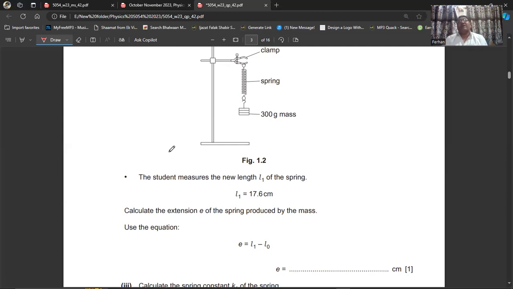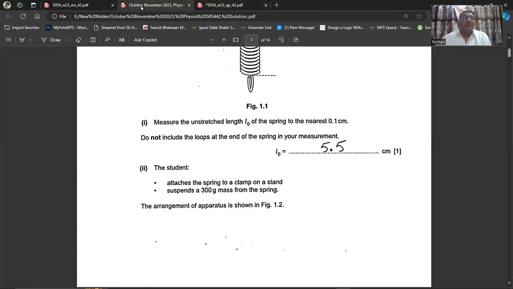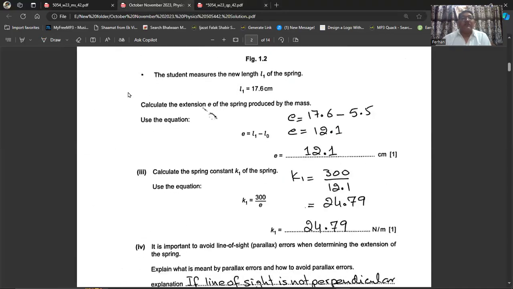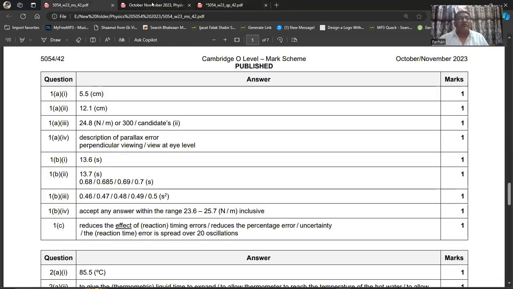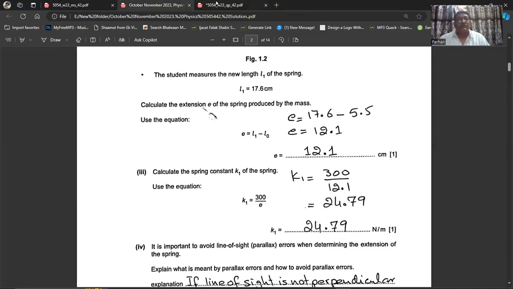So we can calculate the extension. The extension will be 17.6 minus 5.5, and that will be 12.1 centimeter. So that is the extension. 12.1 centimeter is the right answer.